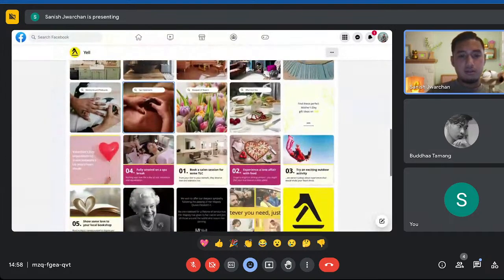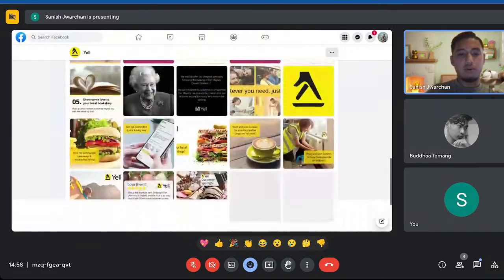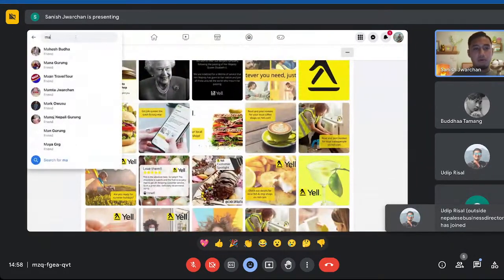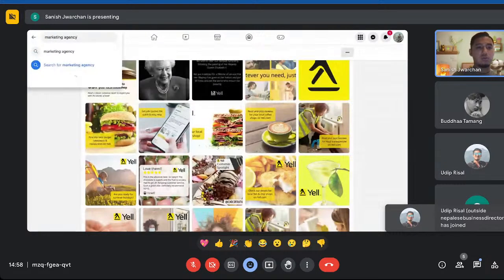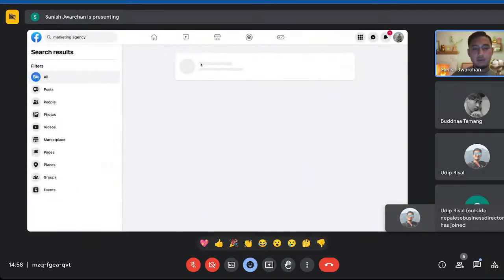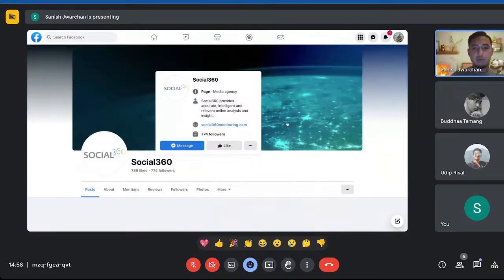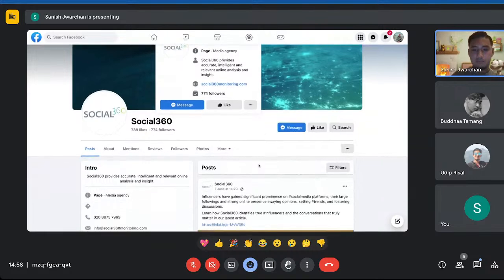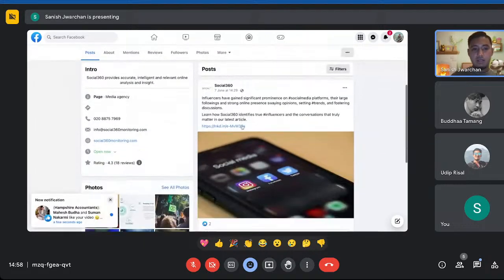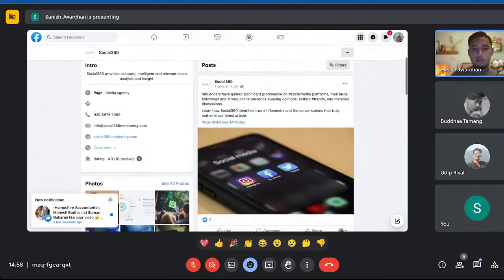right? Then there's loads of other content. Or maybe we're looking at a marketing agency, maybe they have some sort of Social 360 here. So they're just posting a small article. That's another idea.